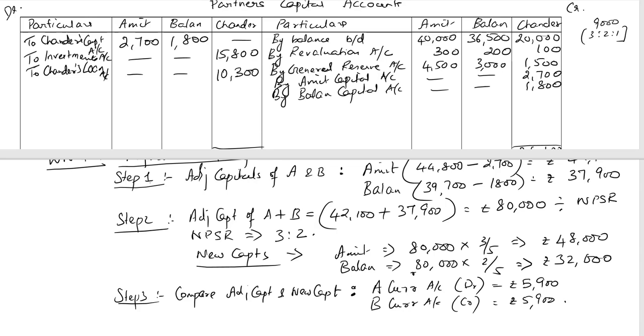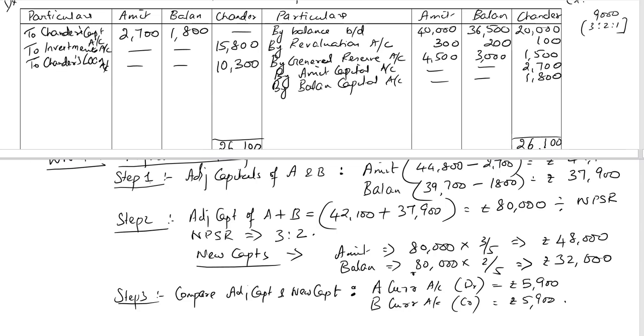So let's insert this in the partners' capital accounts. In the case of Amit, we will debit Amit's current account and credit Amit's capital account. So let's credit Amit's capital account 5,900 rupees.